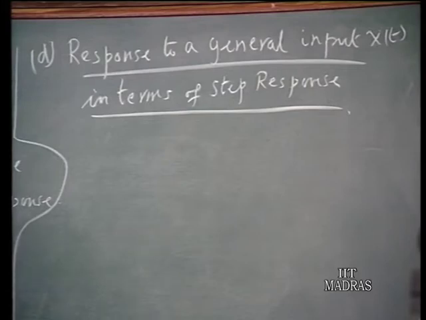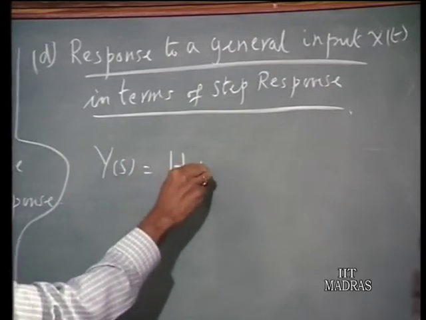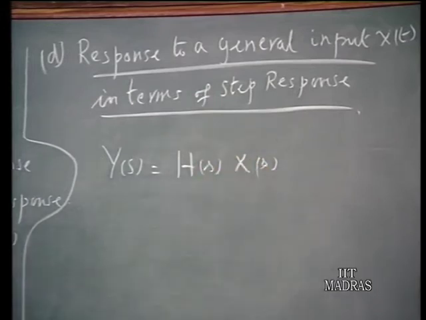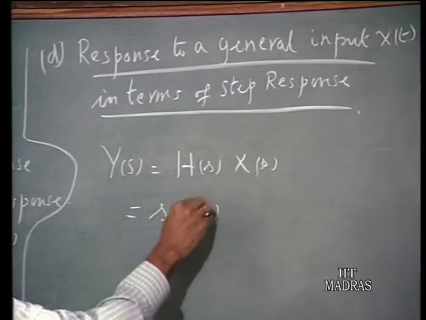Now, if x of t is the general input, Y of s will be H of s times X of s, which is the fundamental rule that we are having. But H of s is s times A of s. So I can write this as s times A of s times X of s.